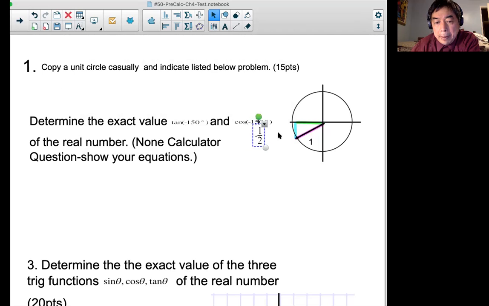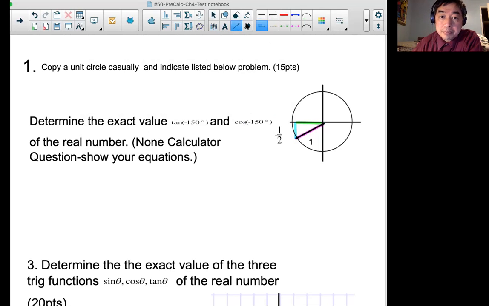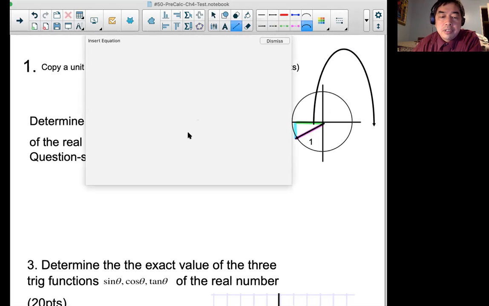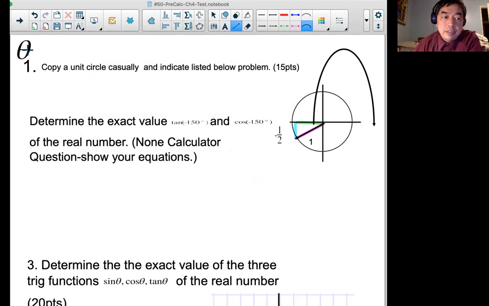Again, let me talk about the reference angle, which is going to be here. For the reference angle I use theta and put the prime. So that's theta prime.